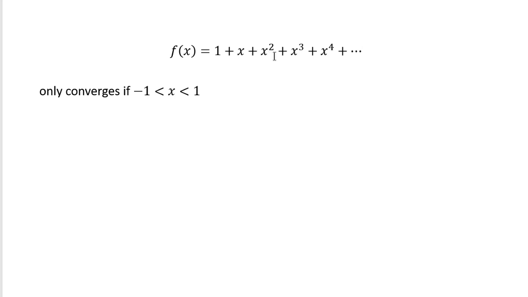You can easily see that if x is 1, there's no way this can converge, because you're just adding ones over and over again. The same goes for 2 and 3, and also for, say, negative 2 or negative 4. But if you have something less than 1, this does converge. If x is 1/2, then 1 plus 1/2 plus 1/4 plus 1/8 plus 1/16, and so on, converges to, let's see, I think it's going to converge to 2.